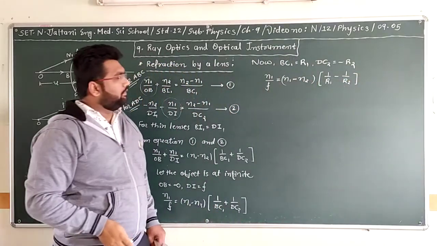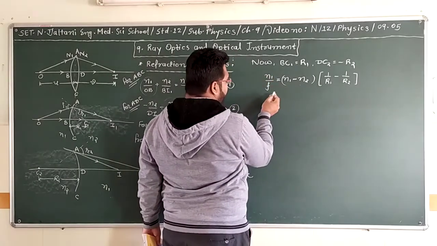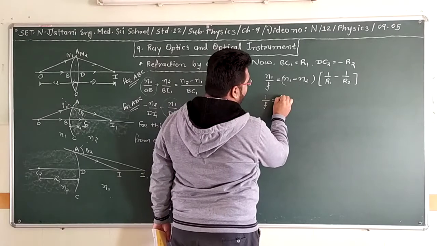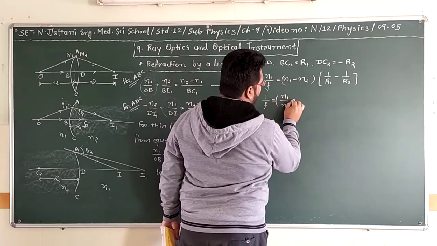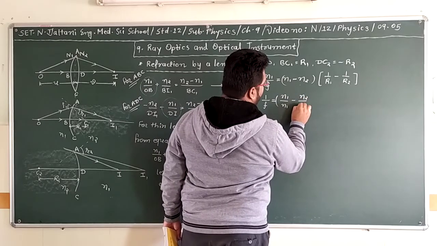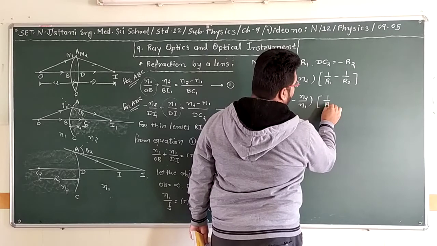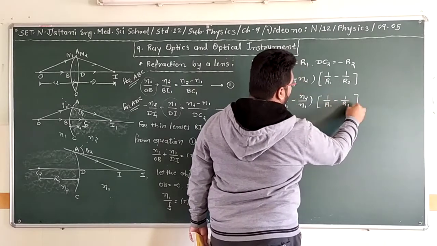This is our formula. If n1 goes into the denominator, we get 1 upon f is equal to n1 upon n1 minus n2 upon n1, into 1 upon R1 minus 1 upon R2.